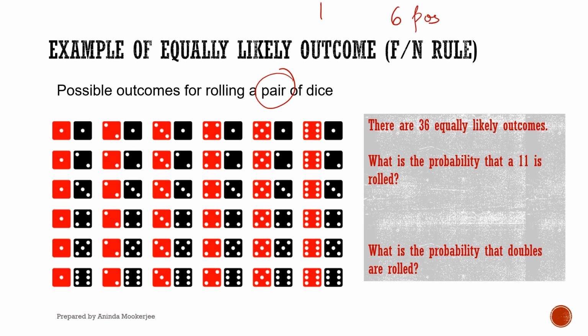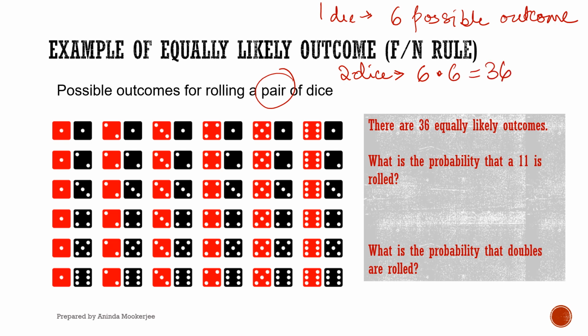However, we are rolling 2 dice together, and possible outcomes from rolling 2 dice is not 6 plus 6, 12, but it's 6 times 6. So when you roll 2 dice, we get 6 times 6, 36 different combinations.